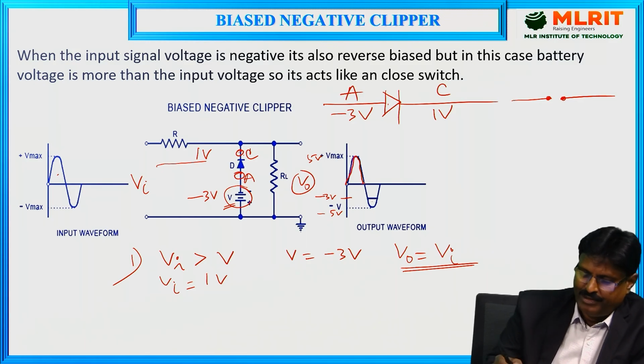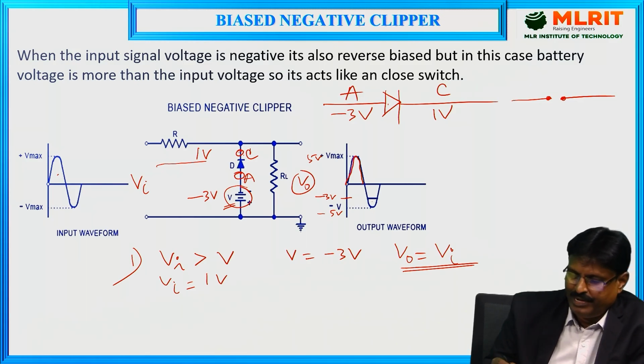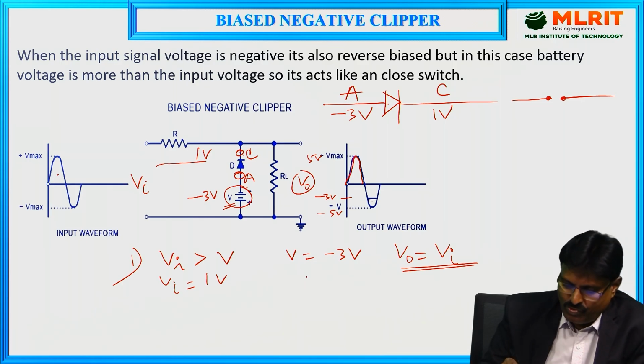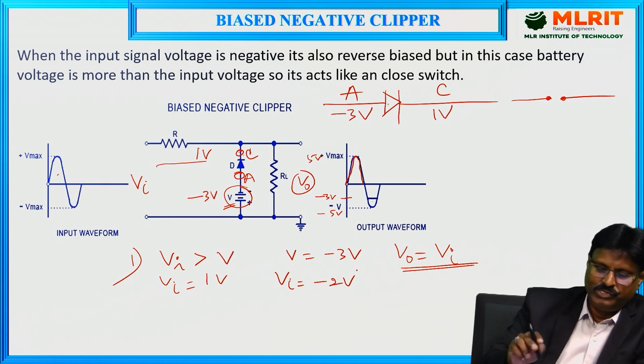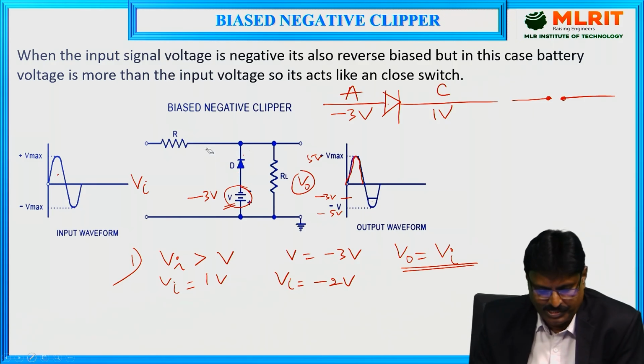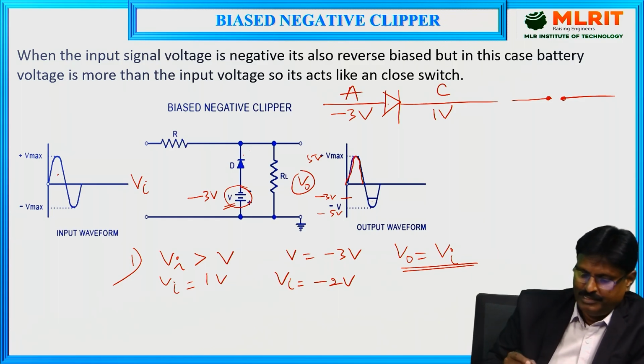Suppose we take one more value, a negative value. The battery value is minus 3 here, so I am taking Vi equal to minus 2 volts. Earlier I had taken a positive value, now I am taking a negative value which is higher than the battery voltage.